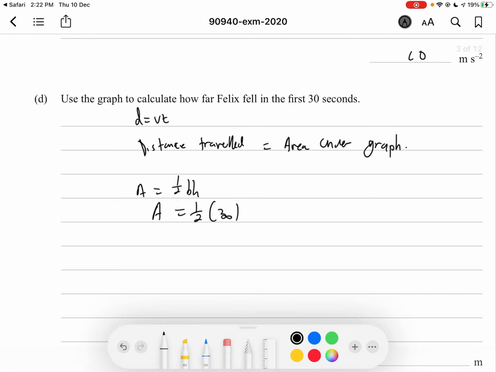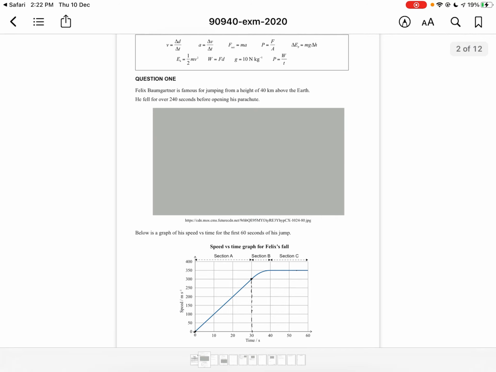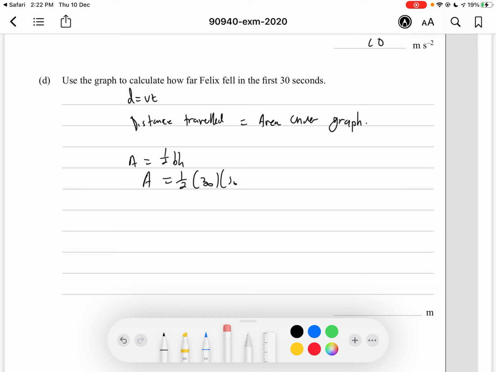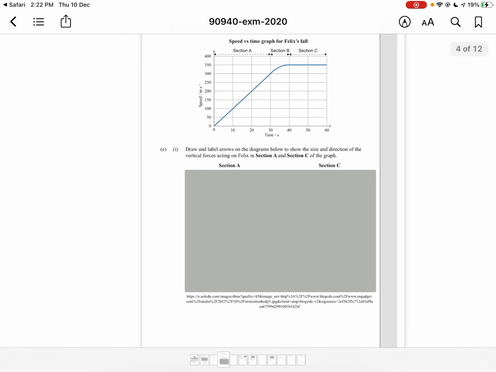Area equals half times 30 times 300. And that gives us a distance of 4,500 meters. So distance equals 4,500 meters.